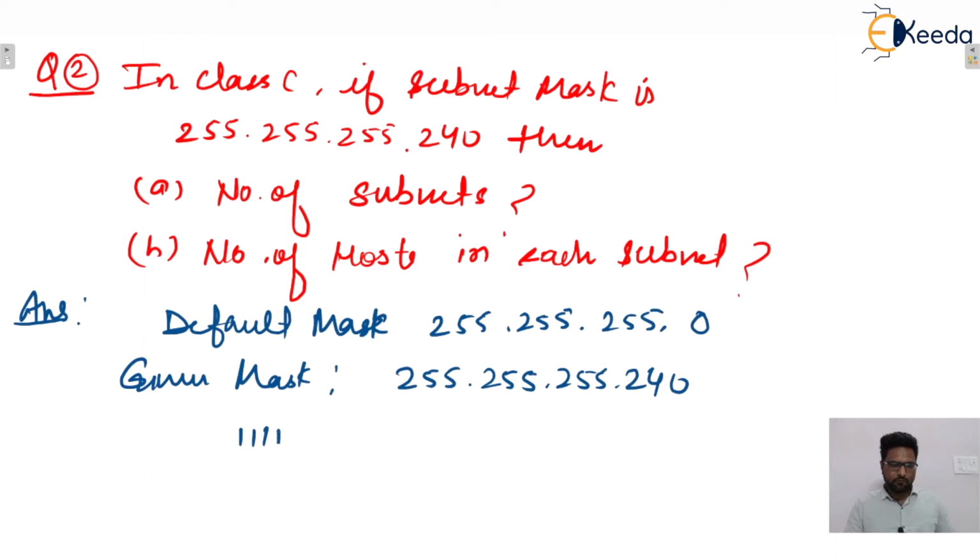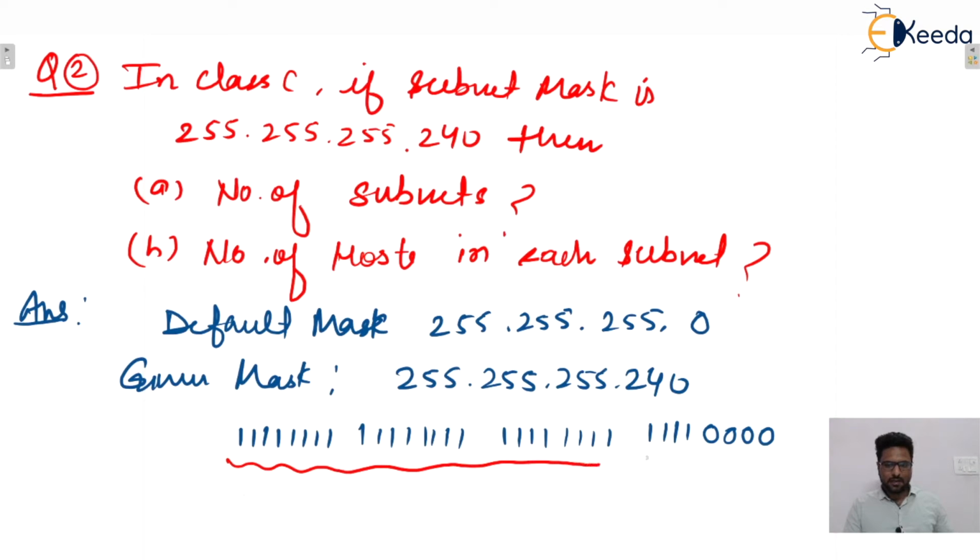So in binary, we can write it like that. Here, this comes under the default mask. Next, the consecutive ones will be the subnet bits, these will be the host bits, and these are the network bits.